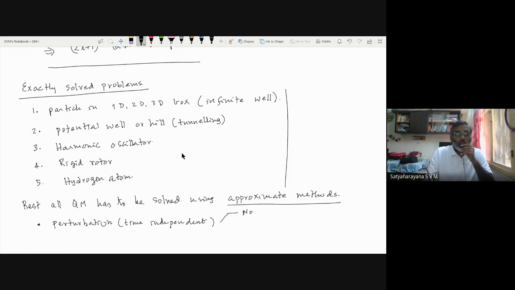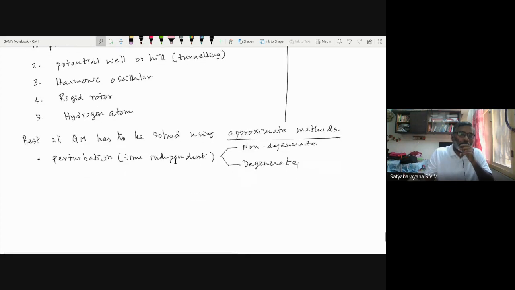This can be done in 2 ways. If all the energy levels are non-degenerate, then there is a way to do it. And if they are degenerate, then you have to be slightly careful. So non-degenerate perturbation theory or degenerate perturbation theory. Then you have something called the variational technique, and then the WKB approximation.